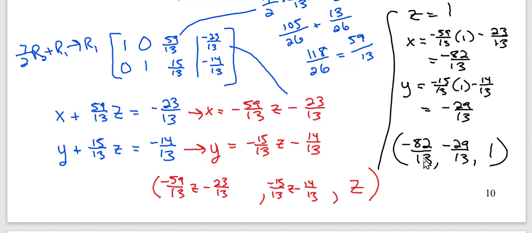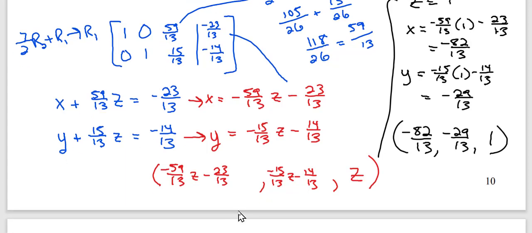That's one solution. You could do the exact same thing, picking a different value of z and running the calculations. This video is getting a little long, so I'm going to stop there and not do a second one, but I hope you can see how you would. You would just pick a different number for z, use it in place of the z in this x and y.